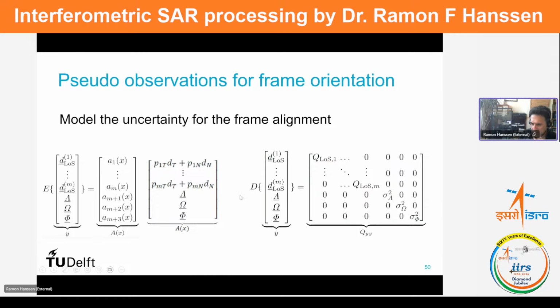On the right-hand side of this slide, you see the stochastic model. The D stands for the dispersion, so the variance, if you like, or the variance-covariance matrix in this whole thing on the right. And here we have the precision with which we know this orientation of the coordinate system. So in the cases where you're not so sure about the orientation of the coordinate system, these values have to be higher.